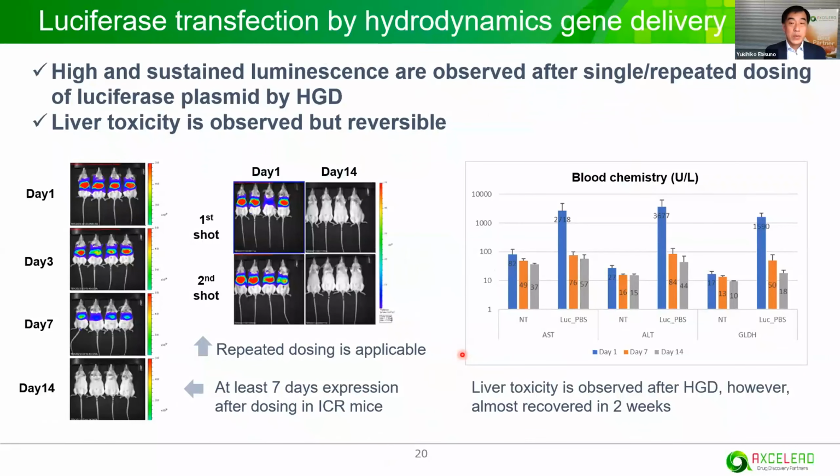So this is one of the feasibility studies of HGD using luciferase transfection. As you can see here, in the left panel, luciferase signal is observed from day 1 through day 7. In the middle panel, the repeated dosing result. So you can see here that repeated dosing is applicable in this model.